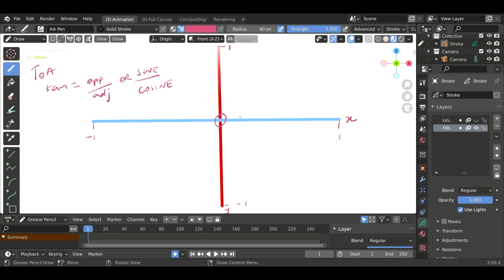So let's use tan 90 degrees for example. You are moving from your x-axis counterclockwise to your y-axis. So 90 degrees is a whole quarter angle.